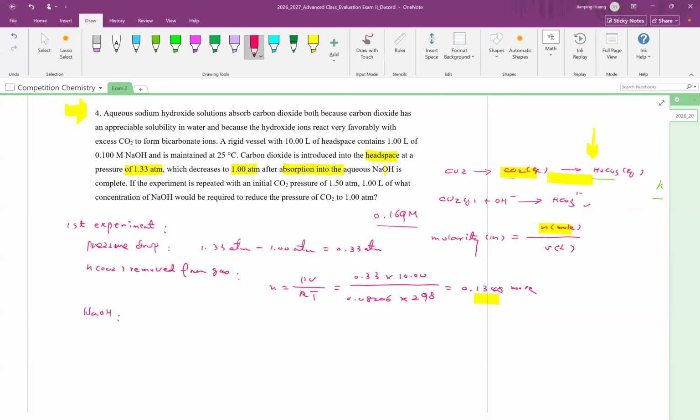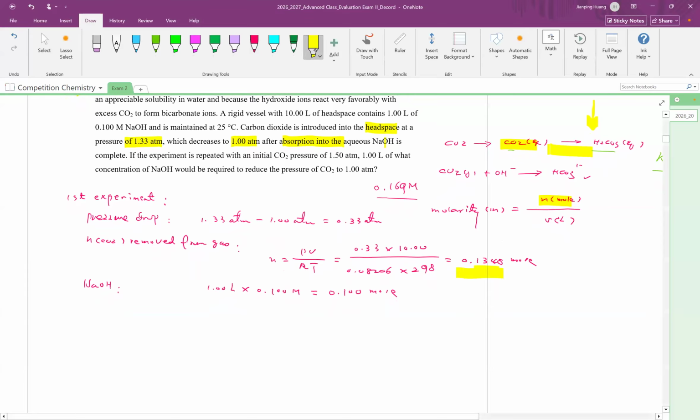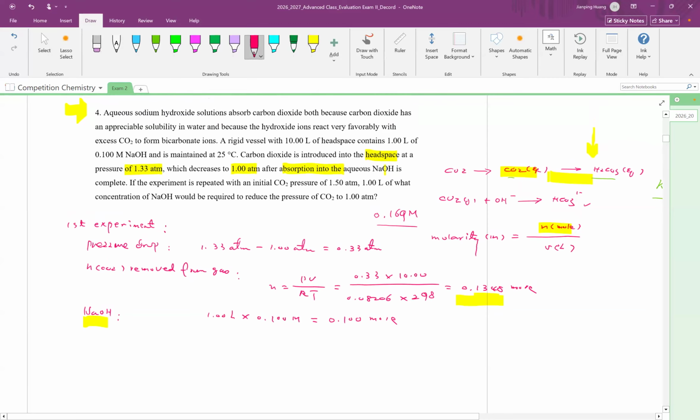In the solution, how many mole sodium hydroxide? Can I say it's 1.00 liter times 0.100, right? So this is a 0.100 mole. Although you remove this many more, but react with the base, you consume this one.